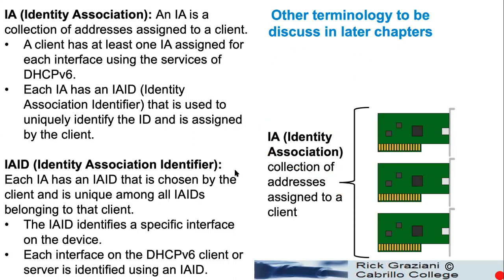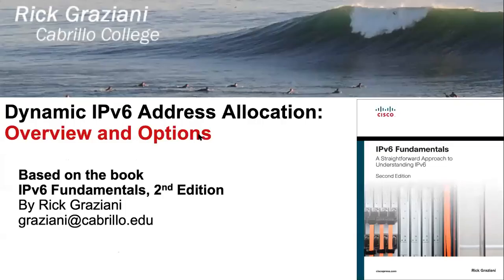Okay, but more on that when we get into DHCPv6. All right, so that's a little overview of dynamic IPv6 address allocation. More in the upcoming videos on SLAAC and stateless DHCPv6 and stateful DHCPv6.